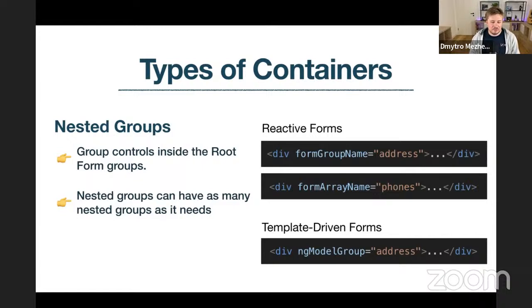For the template-driven forms, we have only one type of directive. It's ng model group, and it doesn't have ng model array. Why? To be honest, I don't know, but the fact is that for template-driven forms, they don't exist. And yeah, you can have as many nested groups as you need. It depends on your use case.